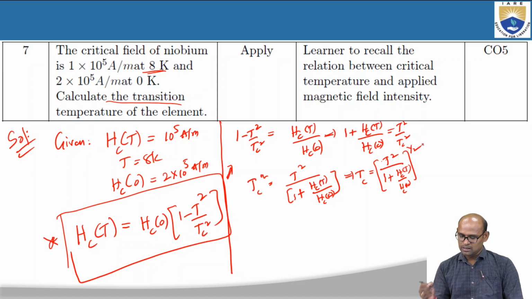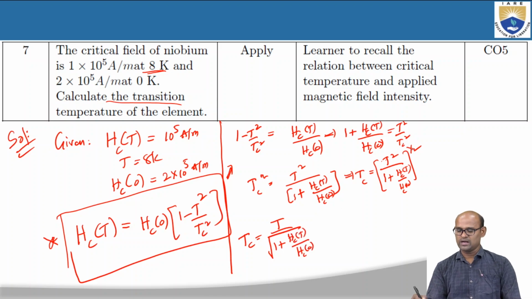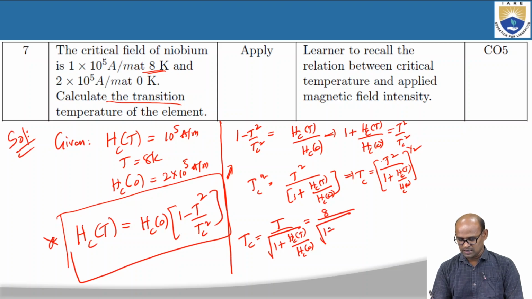Or you can simply write it as Tc is equal to T by square root of 1 plus Hc of T divided by Hc of 0, because T square with power 1 by 2 becomes T. Substituting all the values: T is 8 Kelvin, so 8 divided by square root of 1 plus Hc of T, which is 10 power 5, divided by Hc of 0, 2 into 10 power 5. Doing all this, we will get Tc as 11.3 Kelvin.